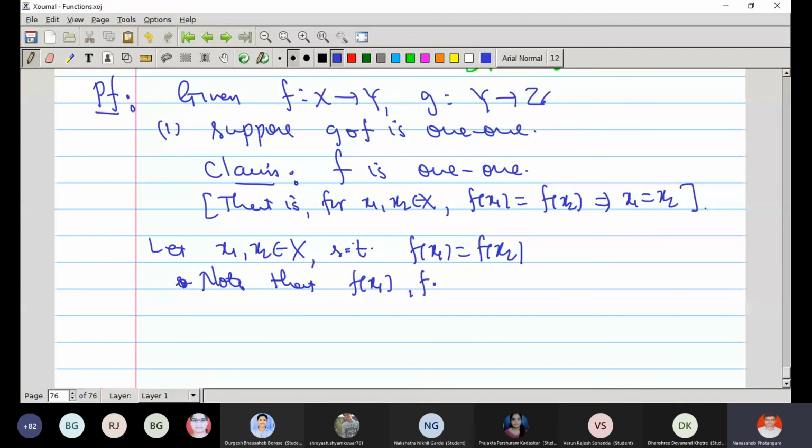Can I apply g on these two elements? Yes, because these two numbers are in the domain of g. If I apply g, can I say that the action of g on these two numbers is same?